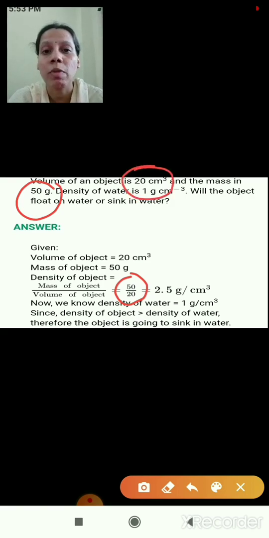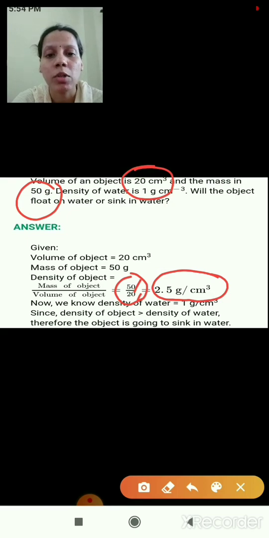So 50 upon 20, that is 0 and 0 will get cancelled. 5 divided by 2, that is 2.5. So the answer is 2.5 gram per cm cube.